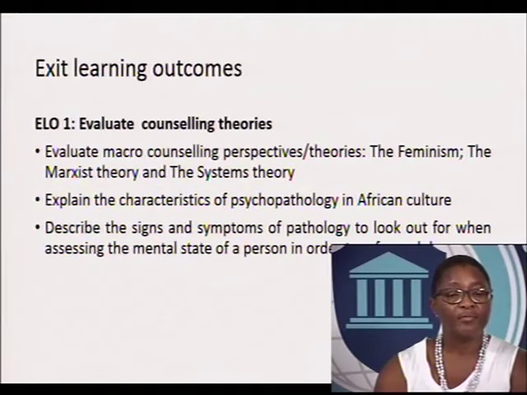And then each unit has what we call exit learning outcomes. Exit learning outcomes are basically the main points of what is expected of you to know in a specific unit. So each unit gives us these points so that at the end of the unit, this is what you are expected to know before you move on to the next unit.